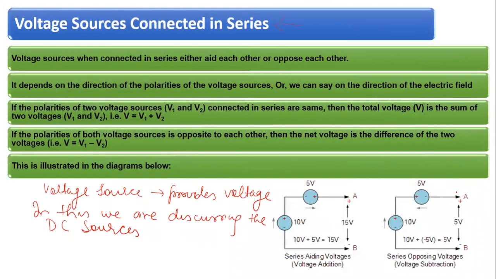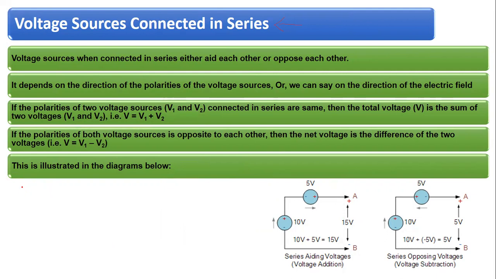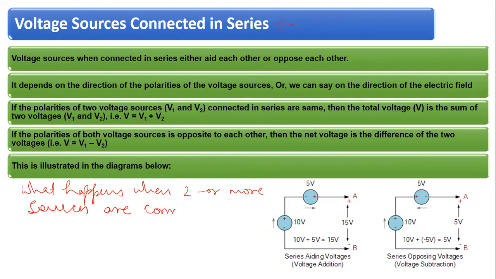As we have already discussed, the voltage sources are those electrical sources or energy sources which provide voltage to the circuit. Now we are discussing the DC sources here, and we intend to understand what happens when two or more sources are connected.